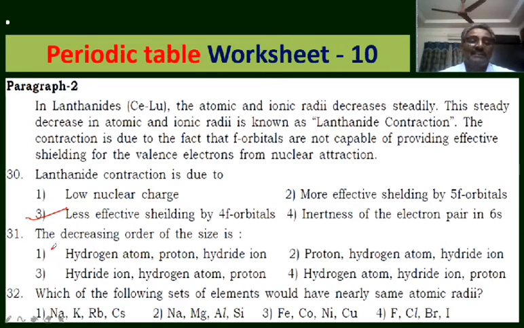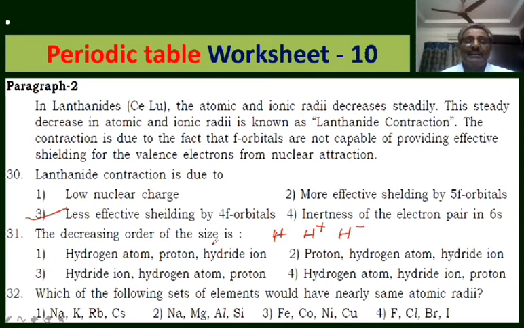31st question, the decreasing order of the size is dash: hydrogen atom, proton, hydride ion. Hydrogen atom means H, proton means H plus, and hydride ion is H minus.